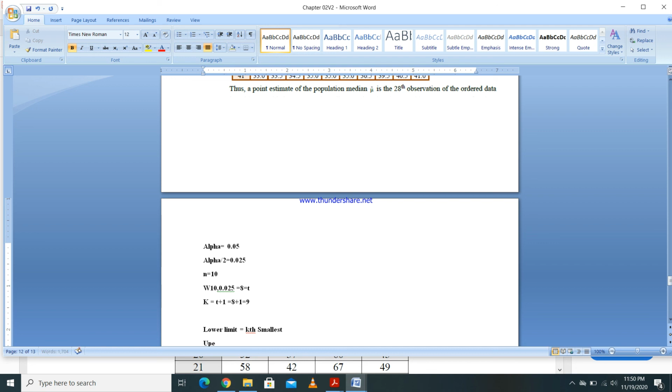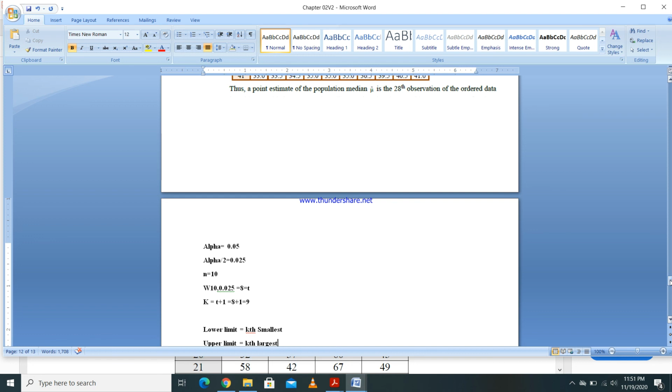And the upper limit of your confidence interval is equal to the kth largest value. Right, so how are you going to do this?